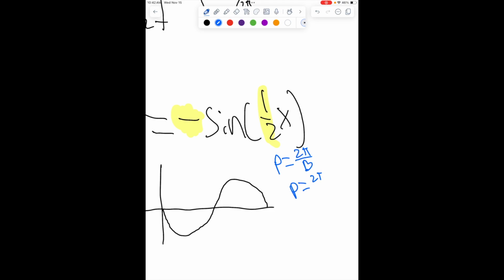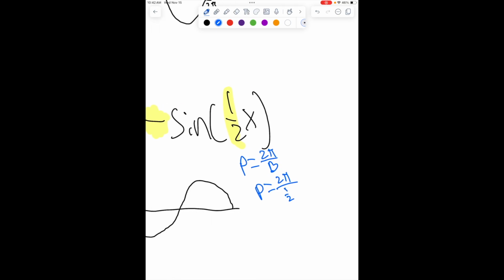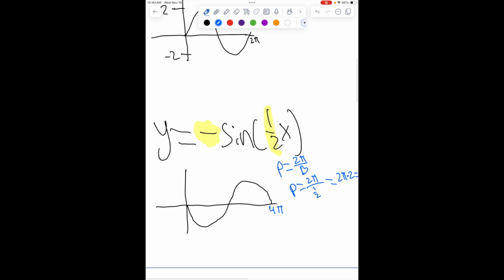P equals 2 pi divided by 1/2. Well, when I do 2 pi divided by 1/2, that really is like saying 2 pi times 2, which is 4 pi. So this point right here would be 4 pi, and again, it would change all along: 3 pi, 2 pi, 1 pi, 0 pi.